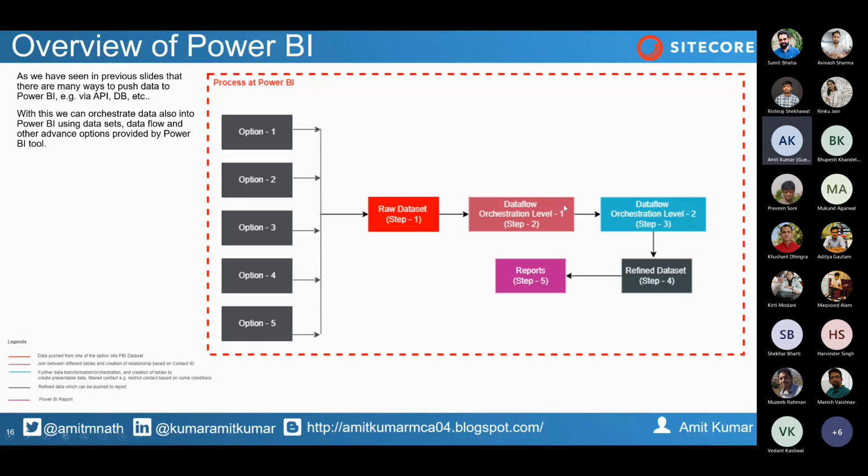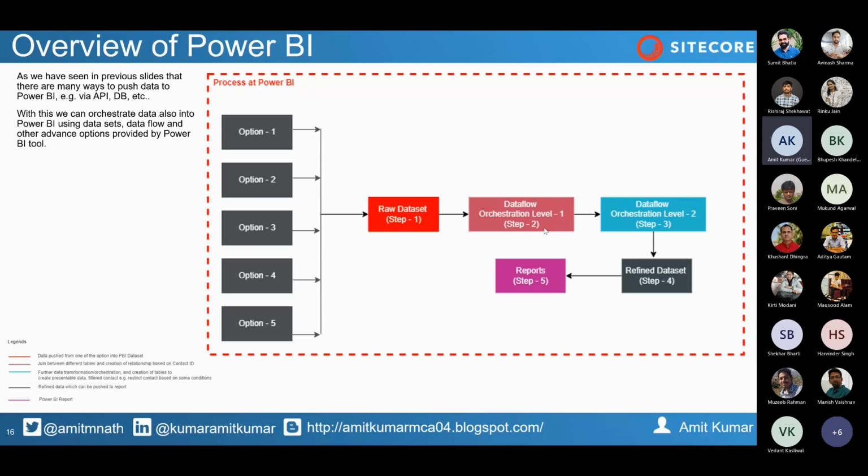That type of orchestration you can do in level one. You do not need to write any specific code for this data orchestration, because Power BI provides many options out of the box to get data out of any type of data source. Even if you have XML, you can easily get data out of that.